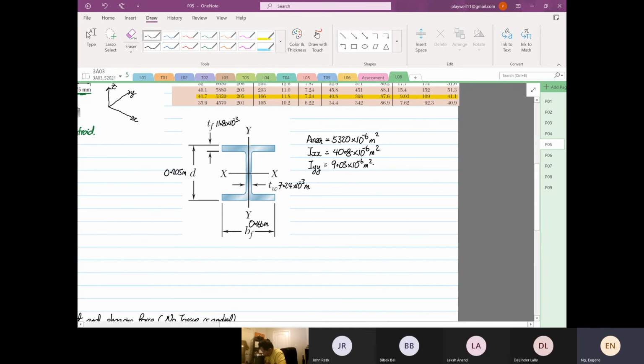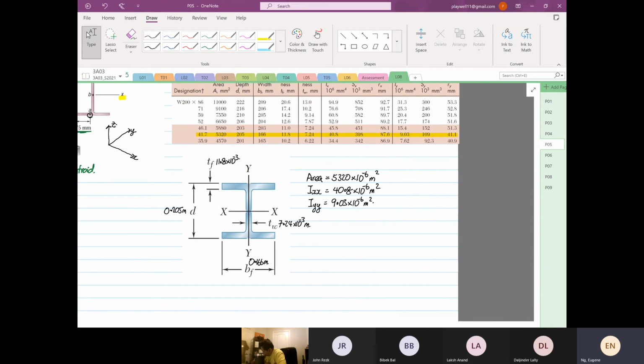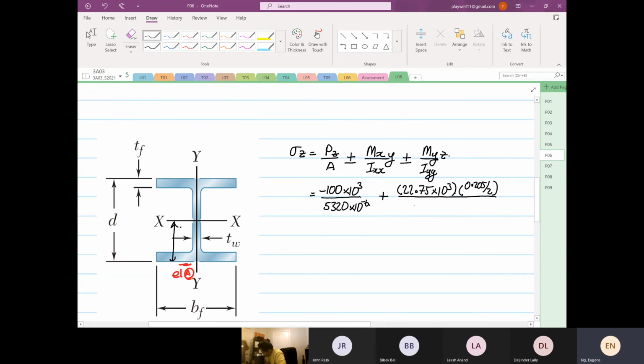We find our d is 0.205, divided by 2. A lot of students make mistakes in terms of the y, like in your term test also, I realized that. Then your Ixx is 40.8 times 10 to the power minus 6.